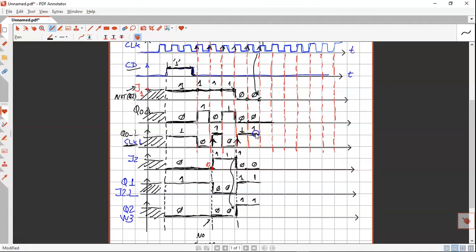And so Q0 not, and so J2, and so Q1, and so Q2, and so finally this one. So you see you are very well sampling again a 0. So it looks like everything is going to be the same all the time. All right, you can go now and imagine that nothing is going to change because that's the real thing.